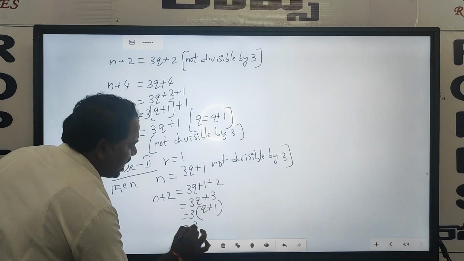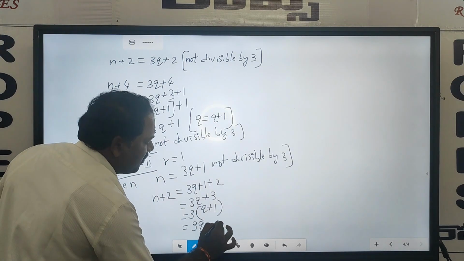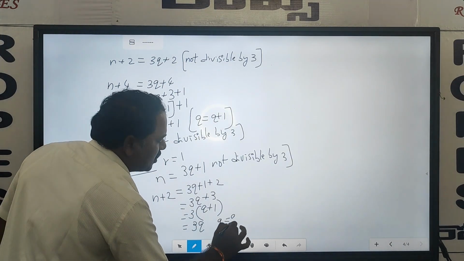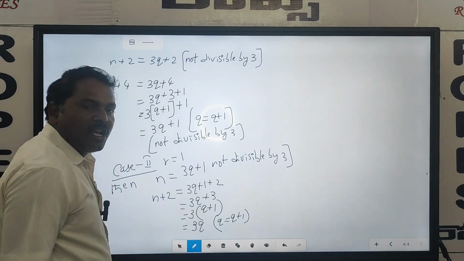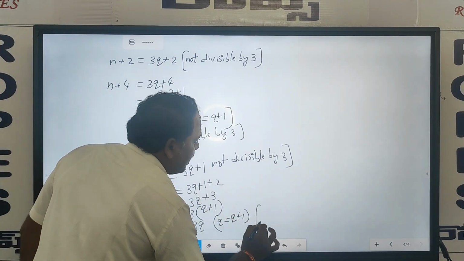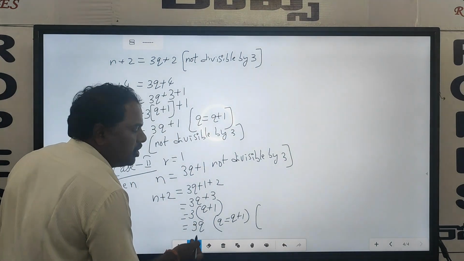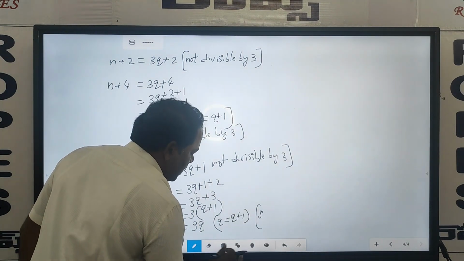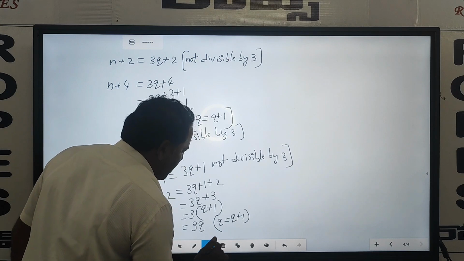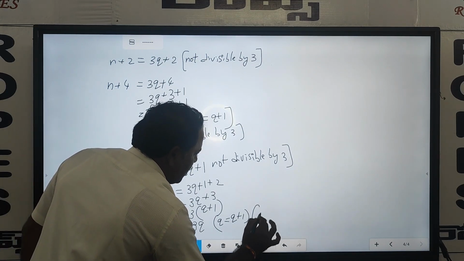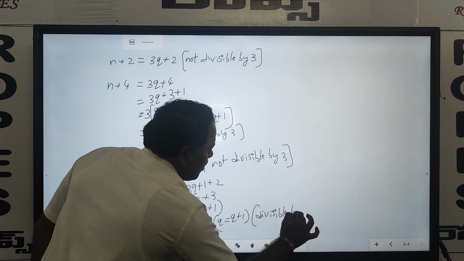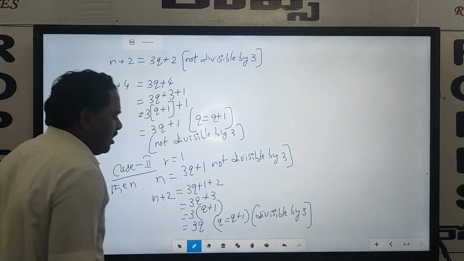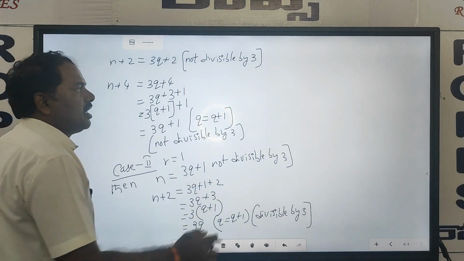Now again we can write it in the form of 3q where q plus 1 is written as q. So here it is a 3 multiple, so it is divisible by 3 because it is a 3 multiple.